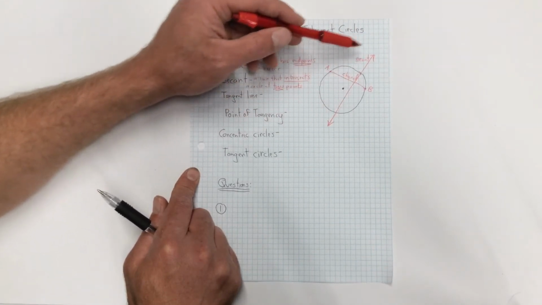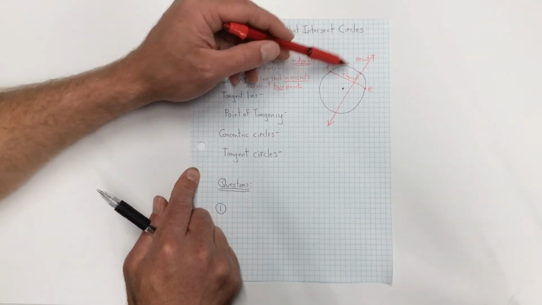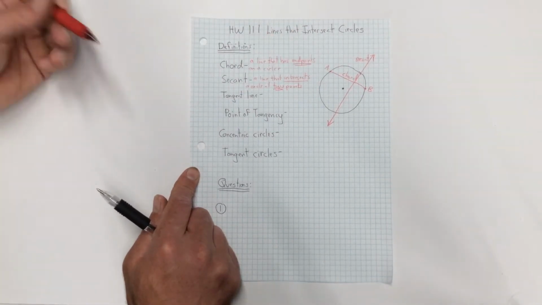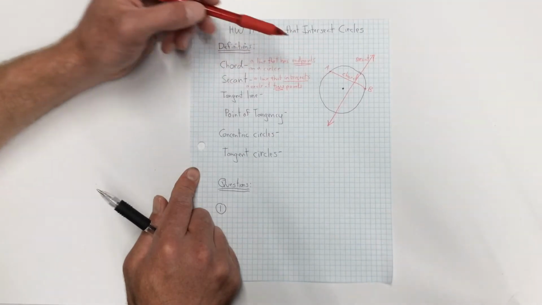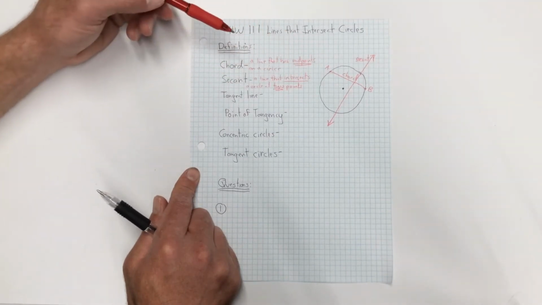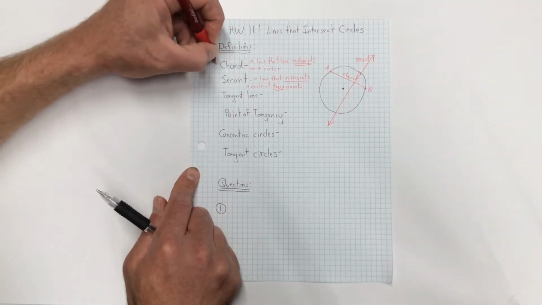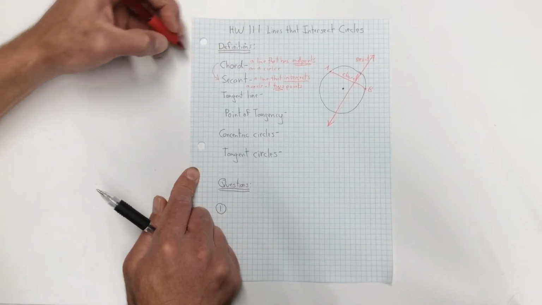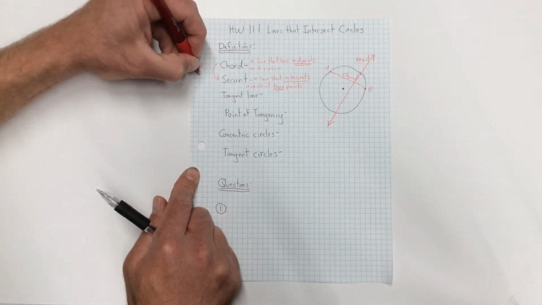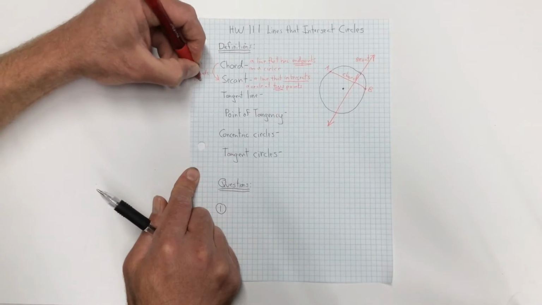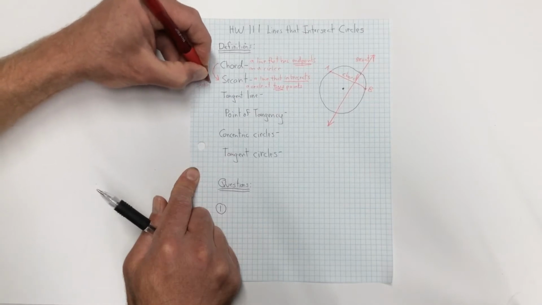So both of these lines are technically secant lines, whereas only AB is a chord. So keep that in mind. That's one of the first differentiations between if it has endpoints or intersects. So all chords can also be secant lines. We'll go with that. All right.